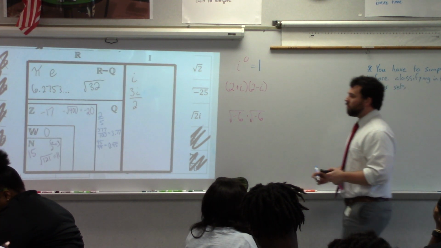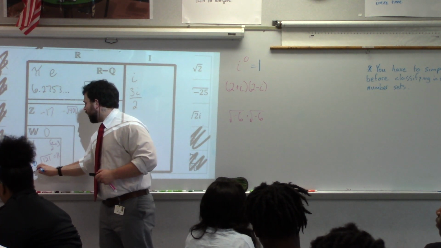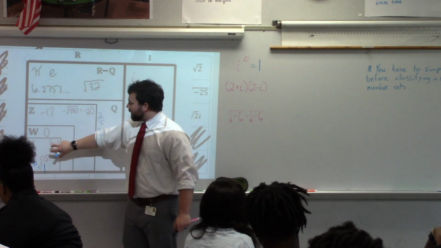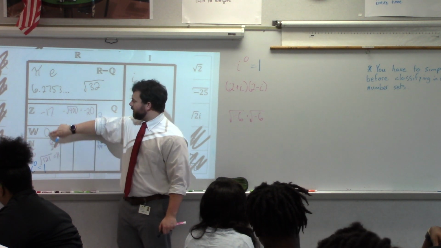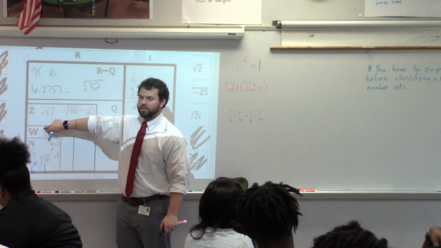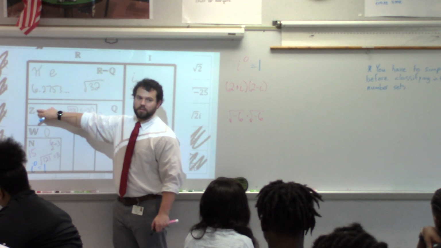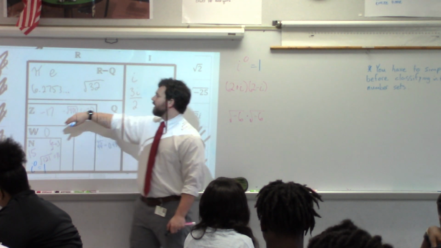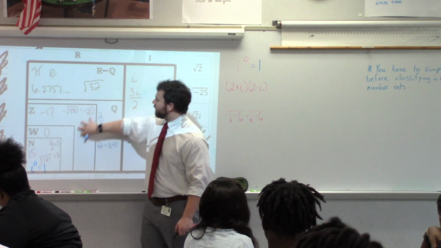Yes. Remember the way that this works is that you build up, right? i to the 0 is 1, and that natural number is nested within the whole numbers, so it is also a whole number, which is nested within the integers, which is nested within the rationals. Notice those squares are building into each other.